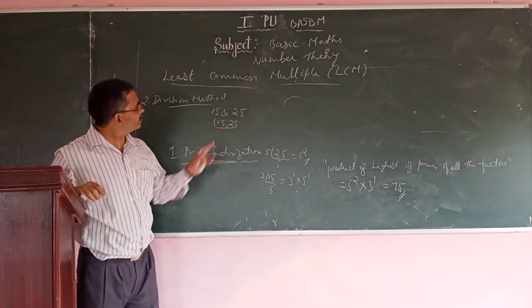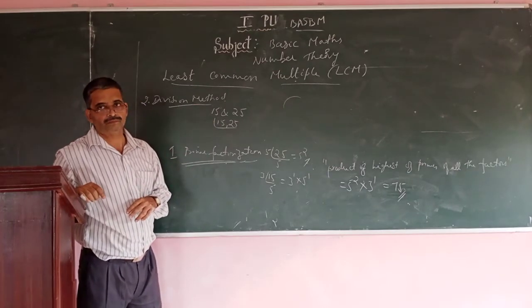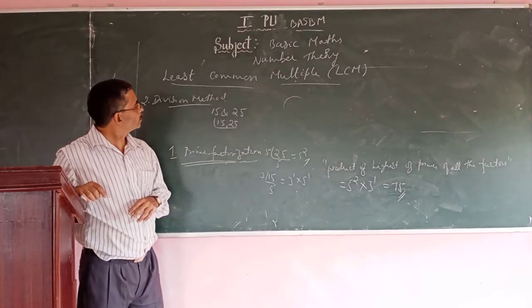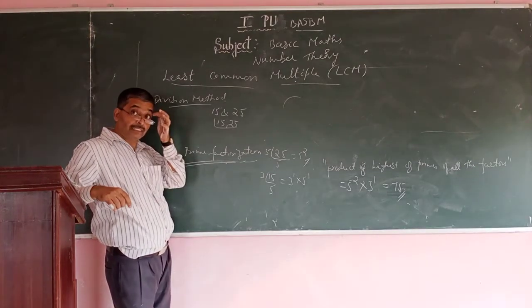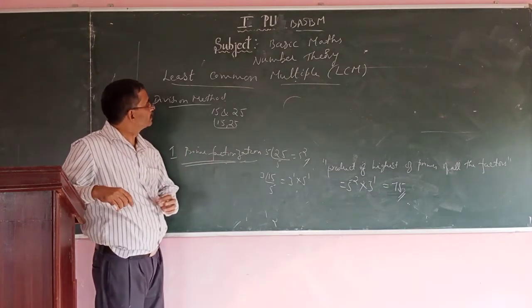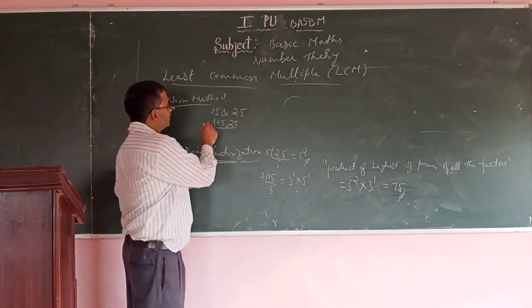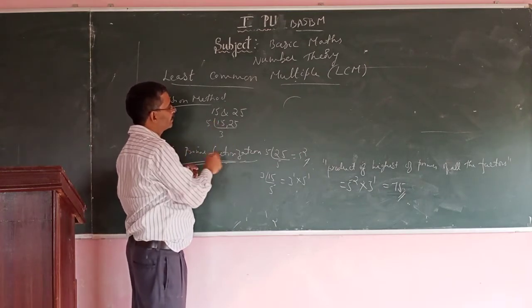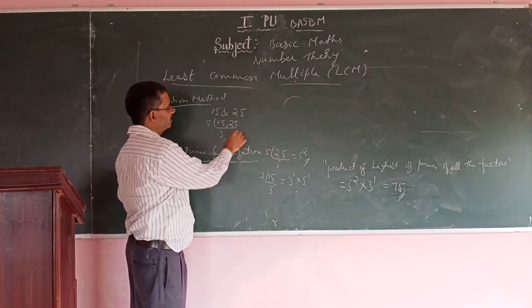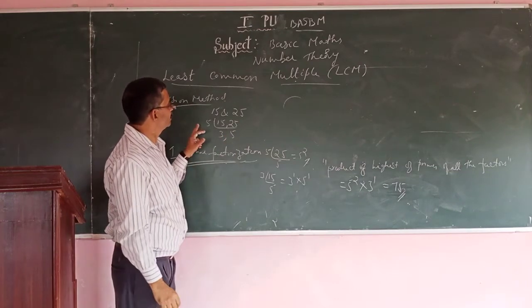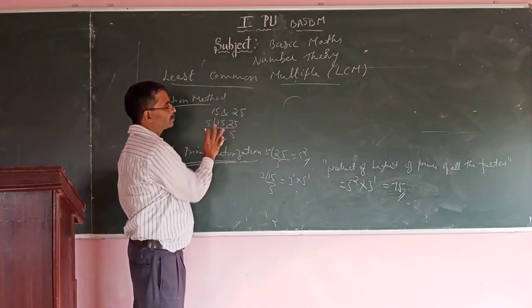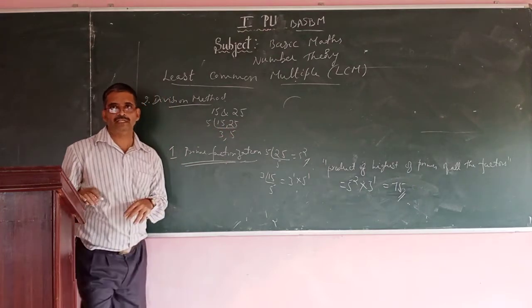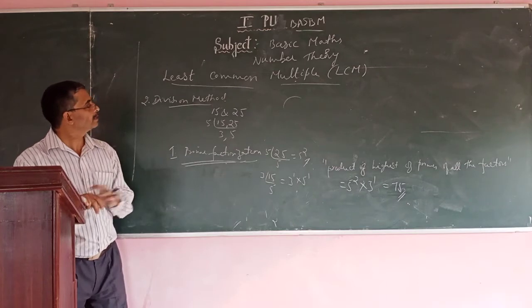Take a number which divides both. 2 doesn't divide, 3 doesn't divide. So 5: 5 into 3 into 5. Further we can't proceed. 3 and 5 are co-primes, so we can't divide.